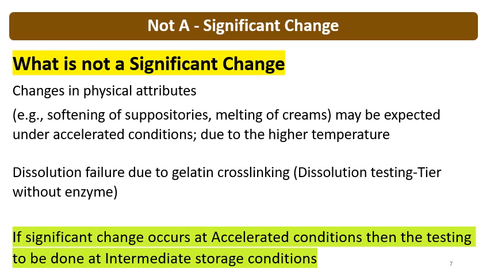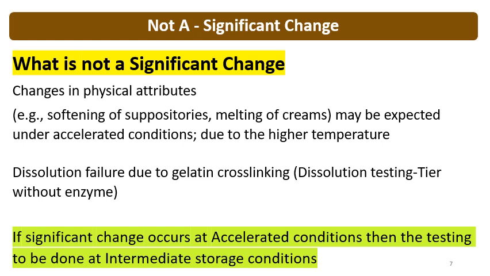Also, if the product is not stable, or if the product is showing significant change at intermediate condition, then you can go for the long term condition and you see whether there is any failure in the CQAs at long term condition.